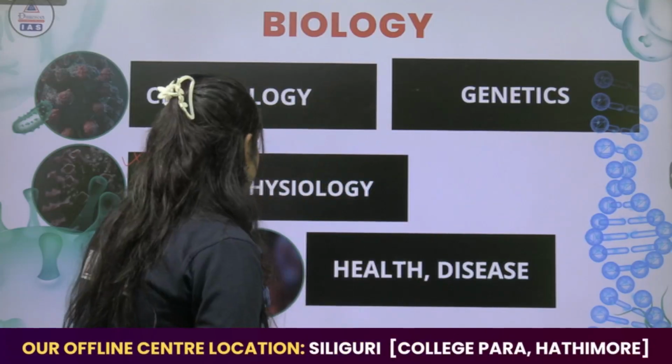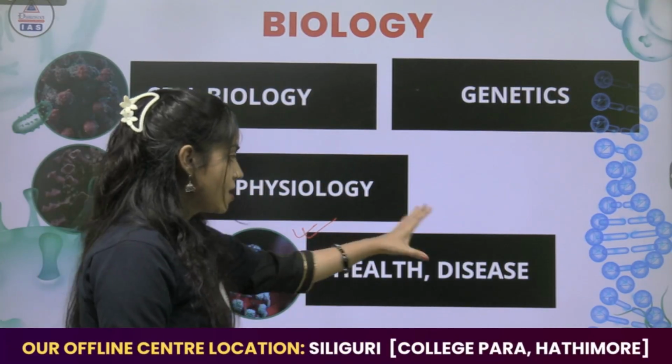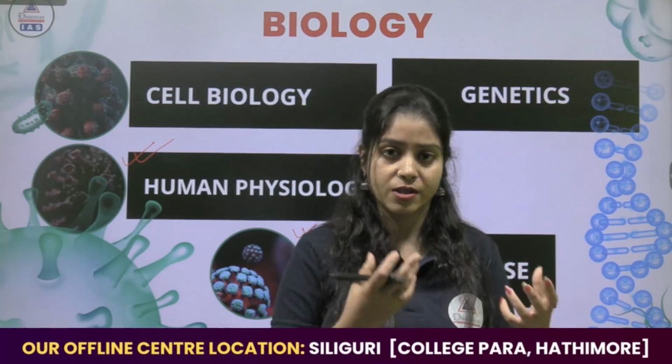The last is health and disease. This is a huge segment, right? Disease means the causative agents like bacteria, virus, fungi, protozoa, worms, different types of disease causative agents. You need to know about them.